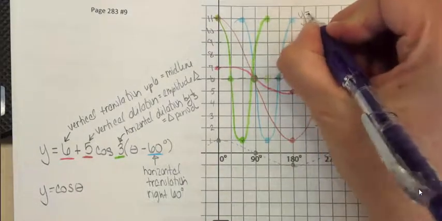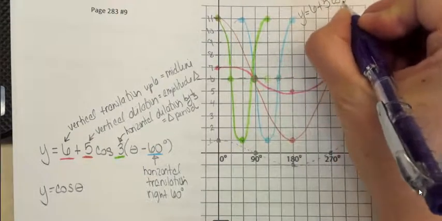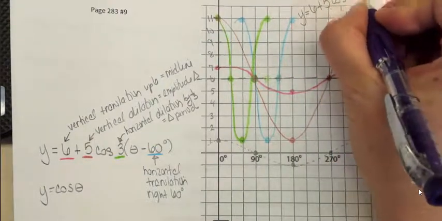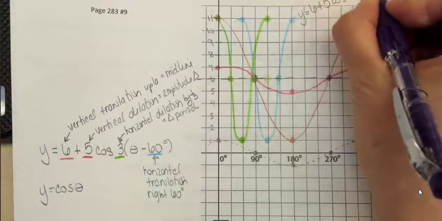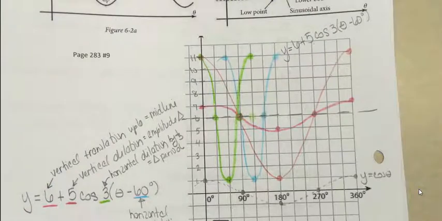Y equals 6 plus 5 times the cosine of 3 times the quantity theta minus 60 degrees. Okay, so it's the blue graph. That's our final one. I know I took a lot of steps here, but I wanted you to see what each and every single piece of this function does to it graphically.